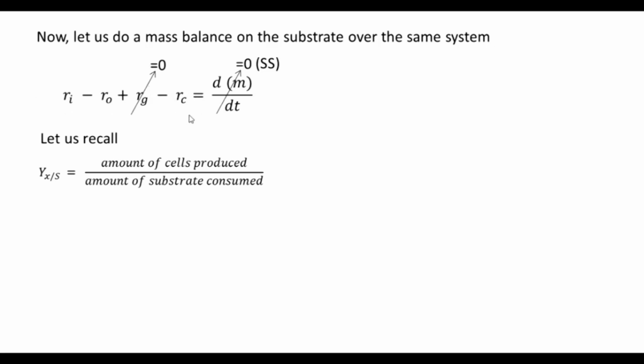Whereas here we don't really have a handle on the consumption rate of the substrate, whereas we have a handle on the growth rate of cells. So we are using something to represent the consumption rate of the substrate in terms of the growth rate, and we have already used this in a problem. The yield coefficient Yx/s can do that. Let us see how we can do that.